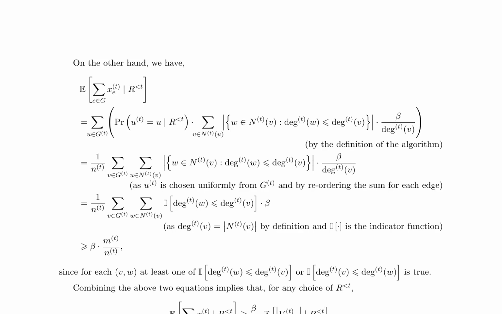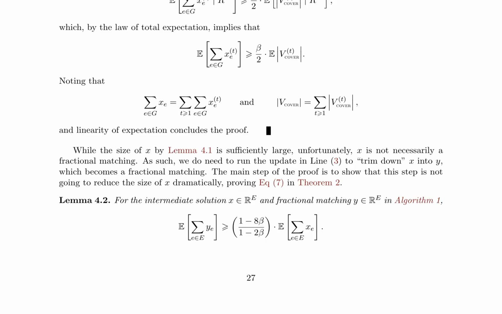Additional notation is introduced, including x_t,v, out_t,v and in_t,v, which represent the value of the edges incident to vertex v at iteration t, the value added to x_t,v by vertex v itself, and the value added to x_t,v by other vertices, respectively.